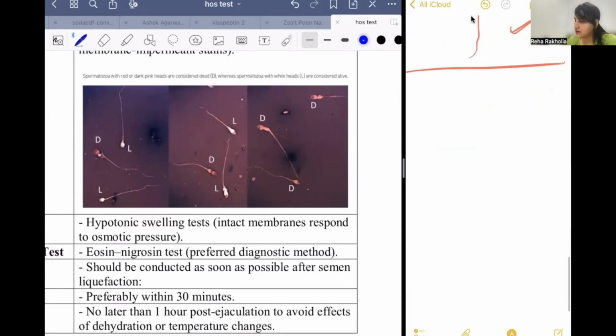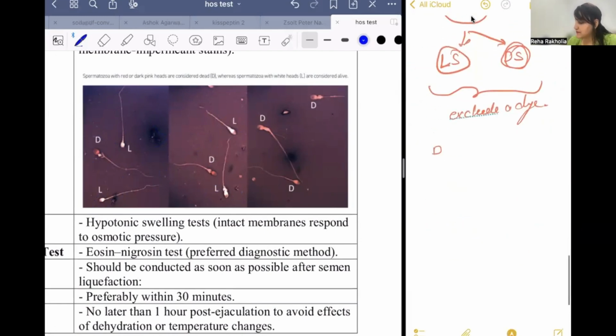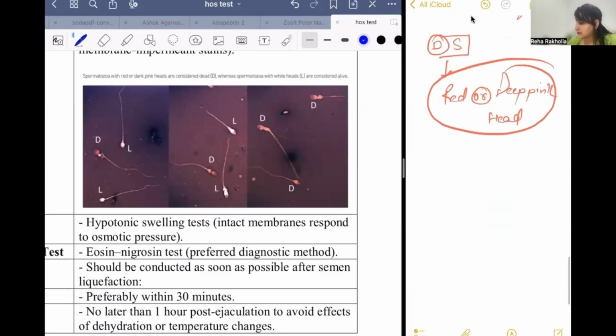Once more I'll explain the dye exclusion test. It evaluates sperm viability by distinguishing between live and dead sperm based on their ability to exclude a dye. Dead sperm will become red or deep pink at the head. Why?